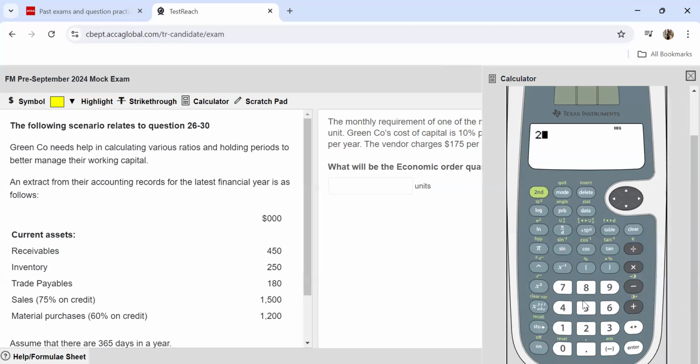We have 2 multiplied by the cost of ordering, which is given to us as 175, and then this needs to be multiplied by your annual demand of 60,000. Ultimately, this gives you this as the final figure. This you need to divide by the cost of holding, which we calculated as 2.95. Now we need a root of this figure.